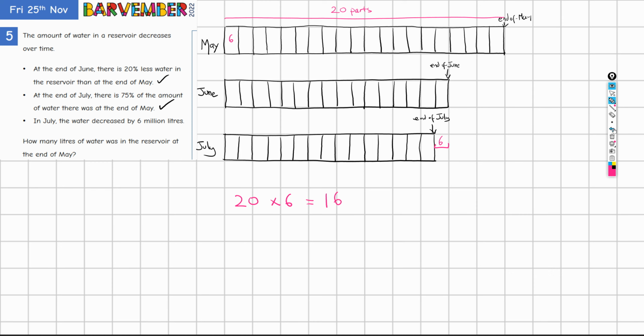What am I doing? 120 million, because remember we're dealing in millions of litres. All right, and that is our answer, 120 million.